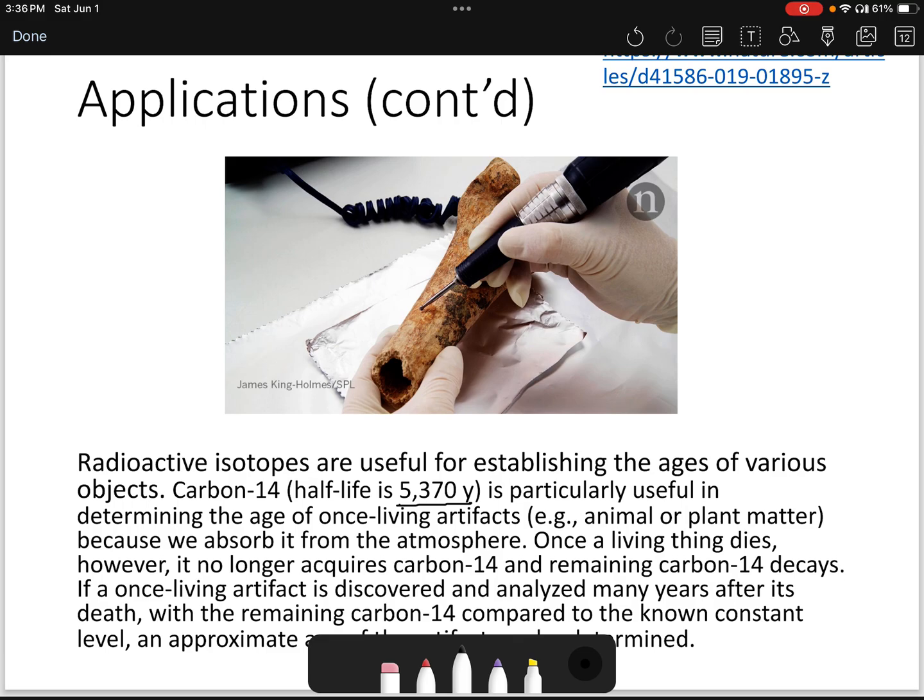So once a living thing dies, it no longer absorbs carbon 14. So if we can figure out how much carbon 14 is in a sample, we can backtrack and figure out when was this living organism absorbing carbon 14. So we would use a similar equation to the one we used before, and we would try to figure out how many half-lives the item had been through.